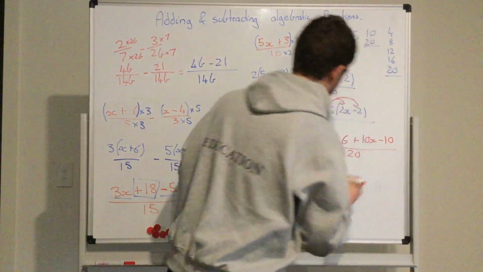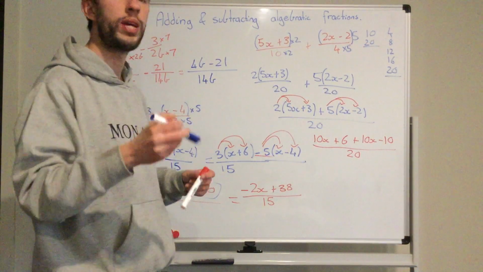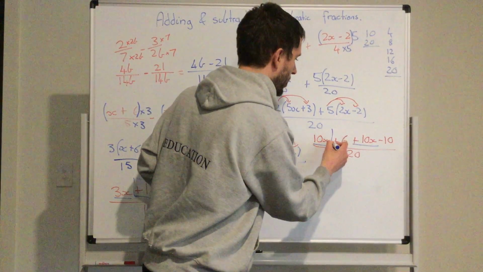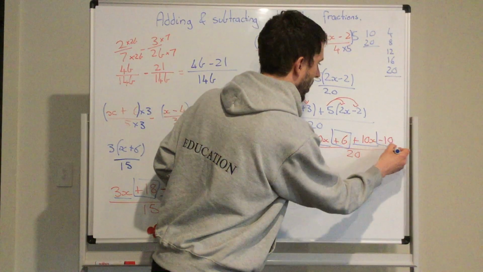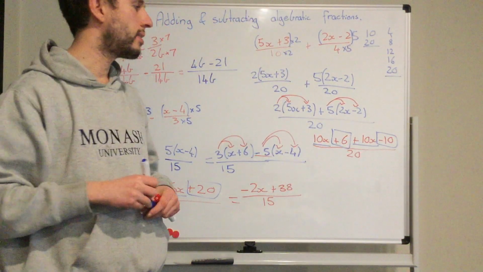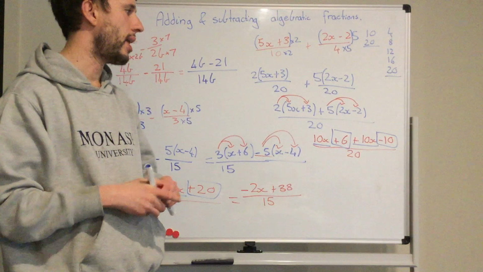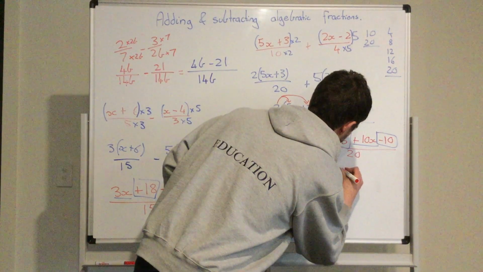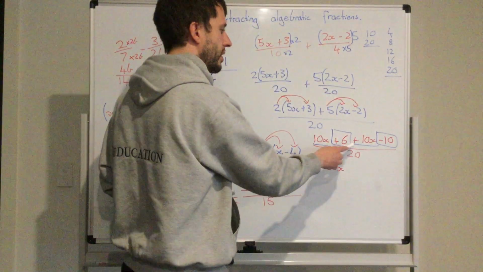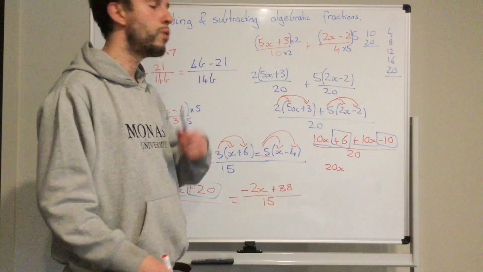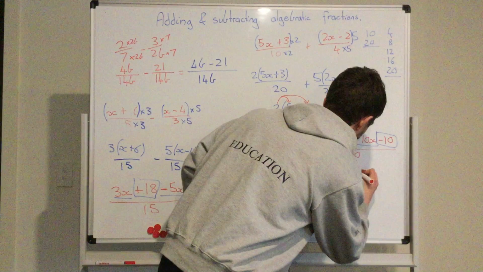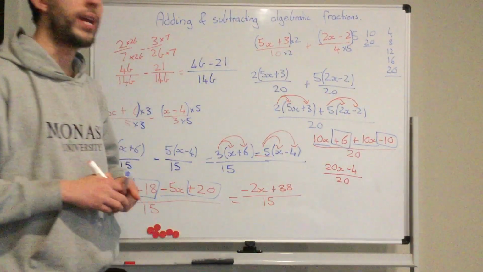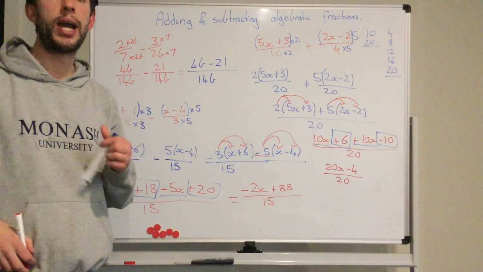Divided by 20. Again, looking at what's like: 10x, 10x, 6, and negative 10. So let's start with the 10x plus 10x equals 20x. 6 take 10 equals negative 4. We can leave it like that, or we can try and simplify it.